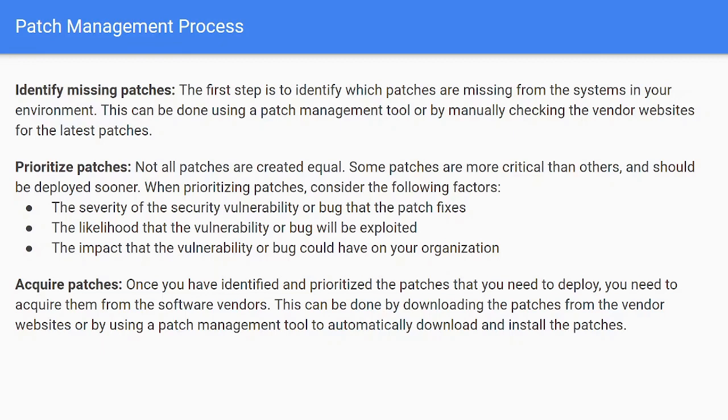So you can use a patch management tool to check for patches that need to be done, or you can go to the website and say, okay, I am using the Windows operating system, I am using the Word application, this Microsoft Office application, this game application, this application basically.